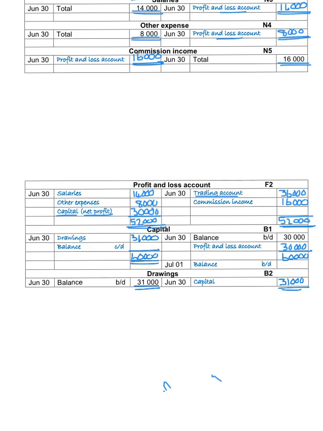So therefore, this balance will be 29,000, and we will bring down a balance of 29,000. We take the drawings to the capital account to indicate that the owner already benefited from the profits that were made in the business because he took money or goods for his own use.